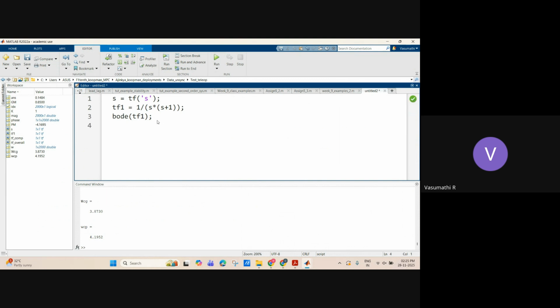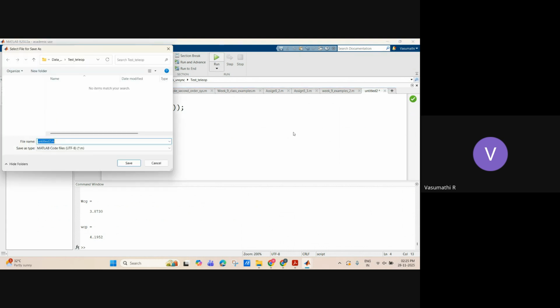And we can say margin of TF1. Then the margins will be given there.